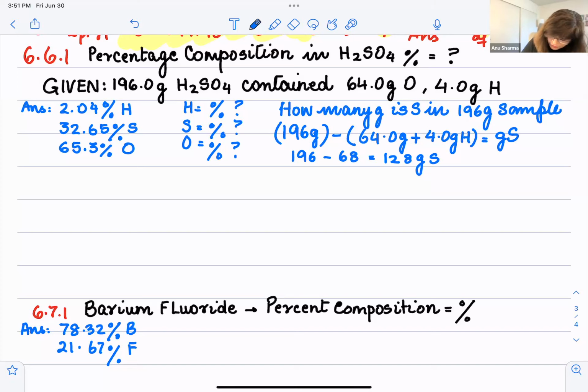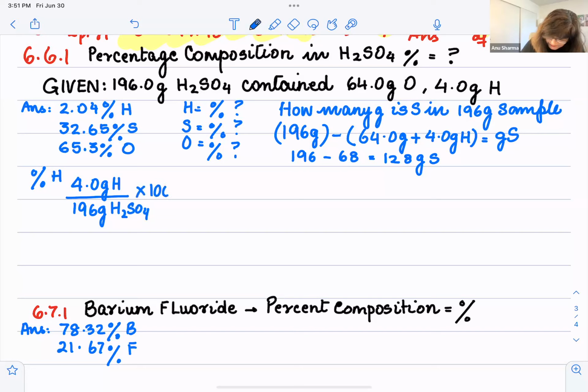And now you just do it individually. The percentage of hydrogen is 4.0 grams of hydrogen present in the total of 196 grams of H2SO4, times 100%. Next is the percentage of sulfur: 128 grams of sulfur over the total 196 grams of H2SO4, times 100%.